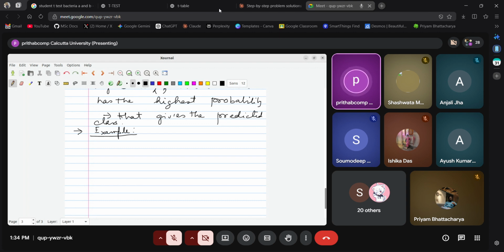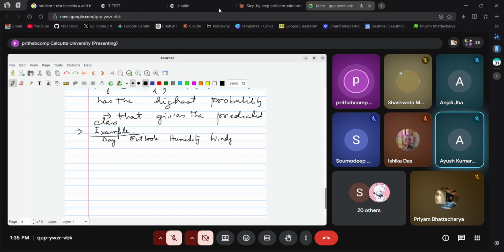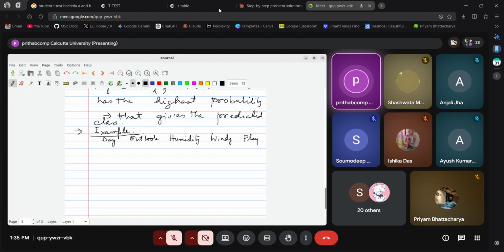So this is the typical example, maybe you have seen it many times. You have the day number, the outlook, humidity. These are the parameters, the attributes, sorry. Whether it is windy or not, and then whether you should go for playing or not. There are 8 days of data.